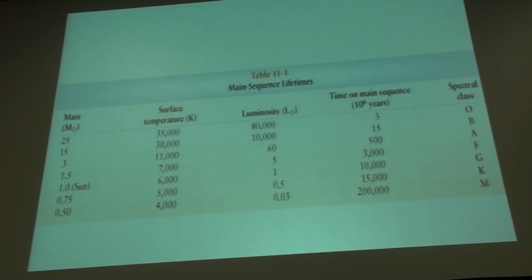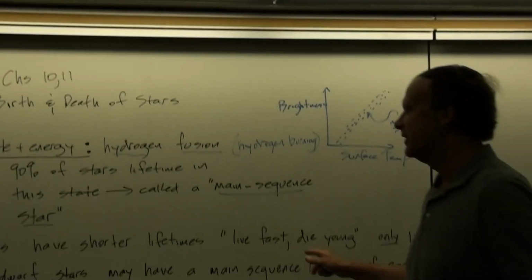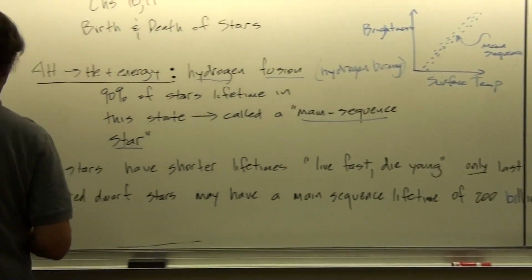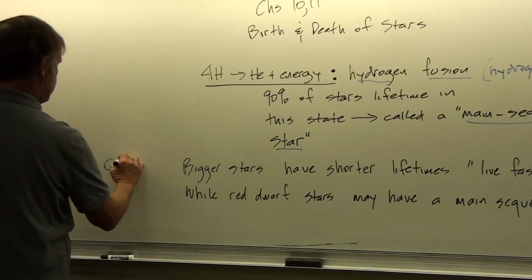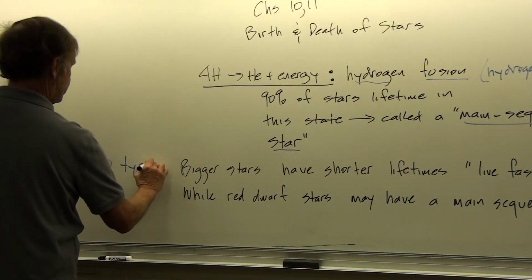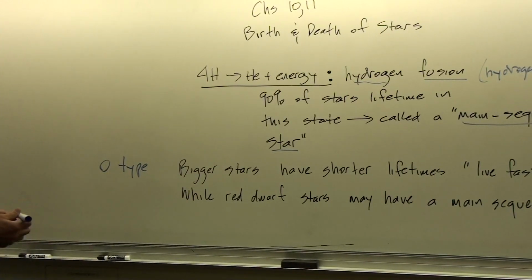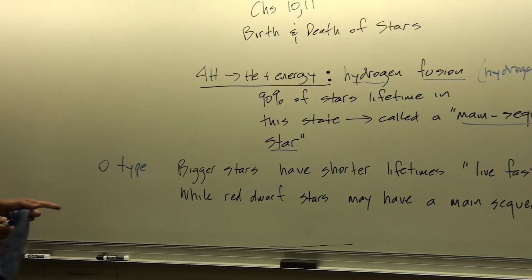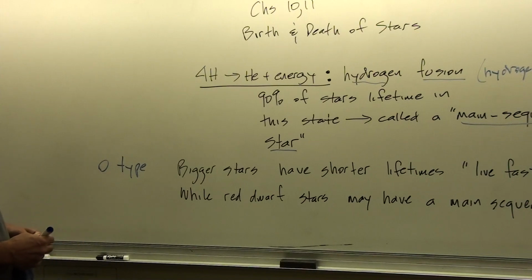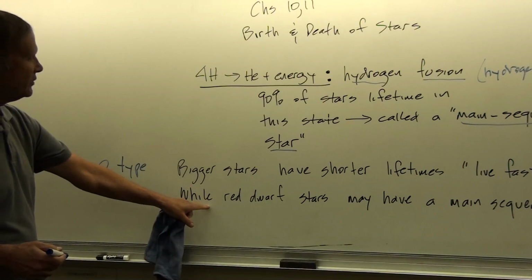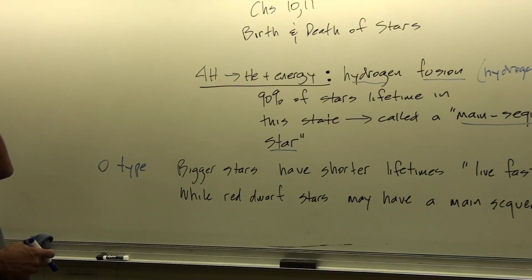The bigger stars are sometimes called O-type. Stars like our sun are G-type, and there's a whole nomenclature for this, whereas red dwarfs are more like M-type stars.